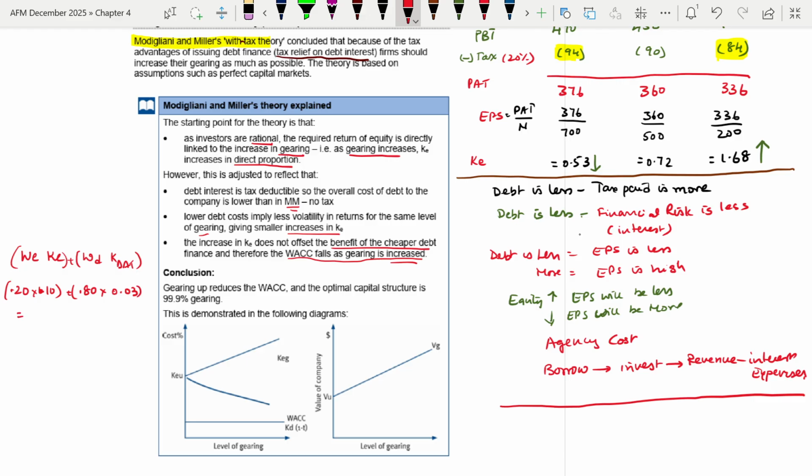Tell me fast. 0.528. Check. 5.4%. Check. Yep. Okay.